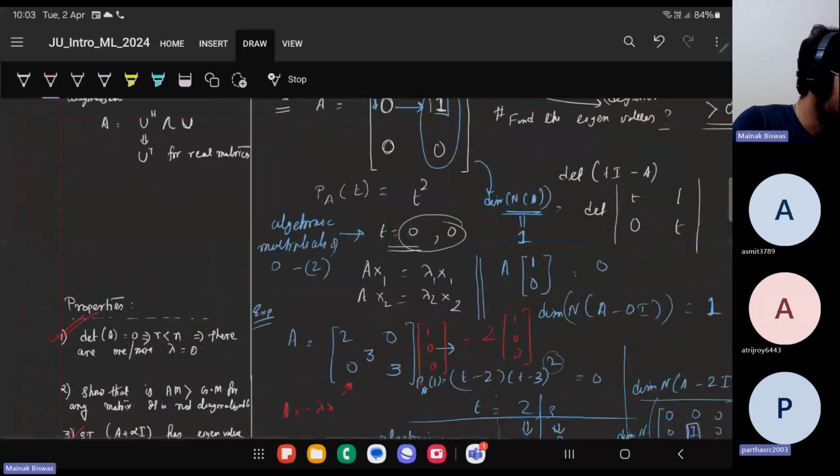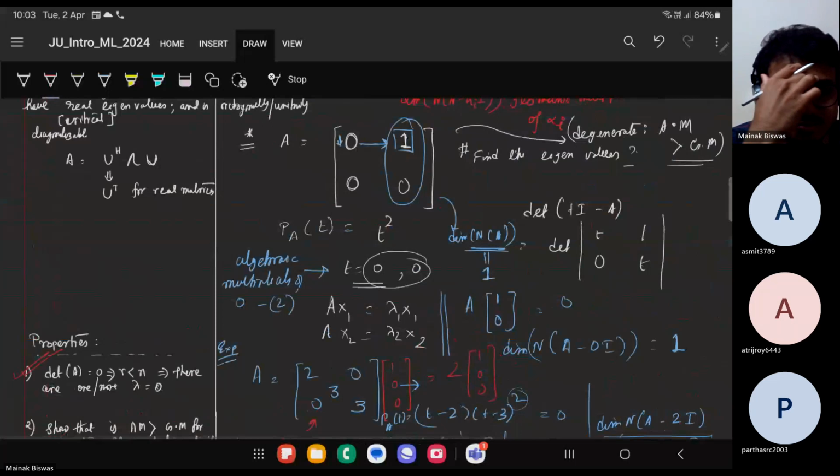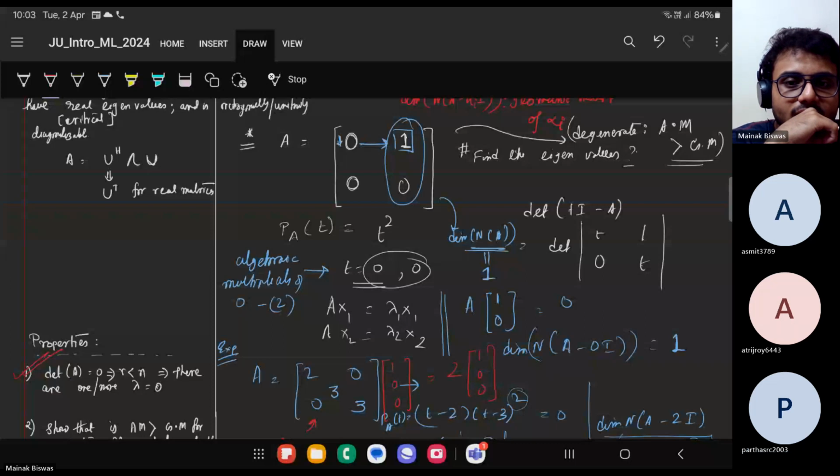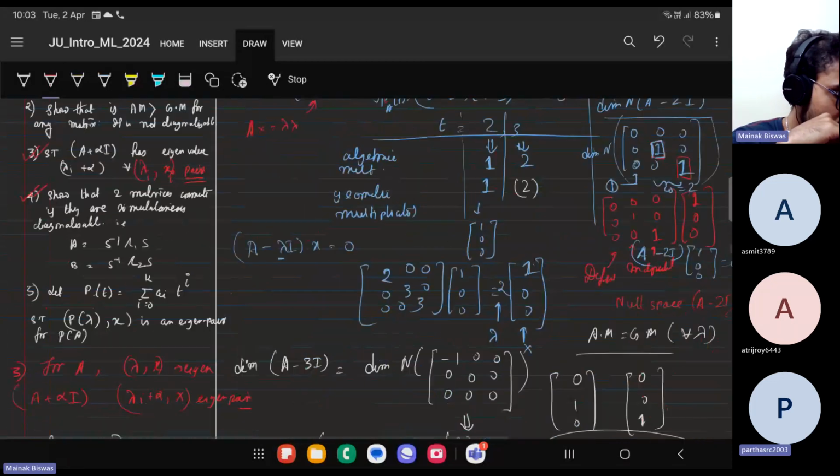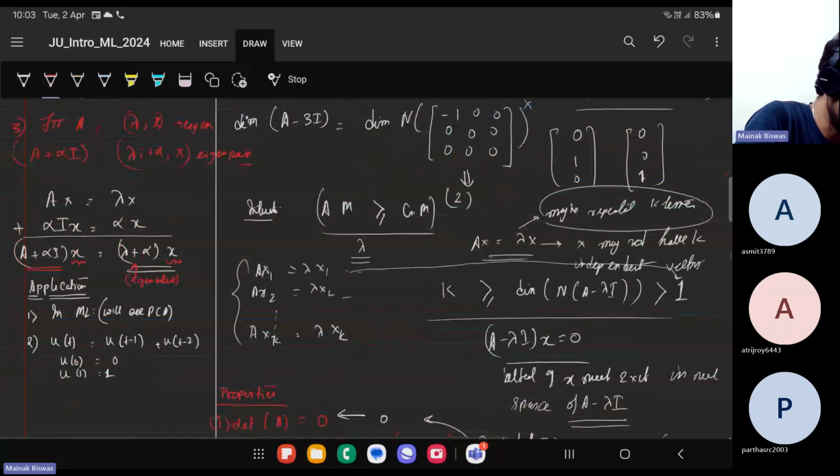Now, I have to ask a thing. Do A and A transpose always have the same eigenvalues? Why will it have different eigenvalues? Like the determinant of lambda I minus A. This is a lame question.